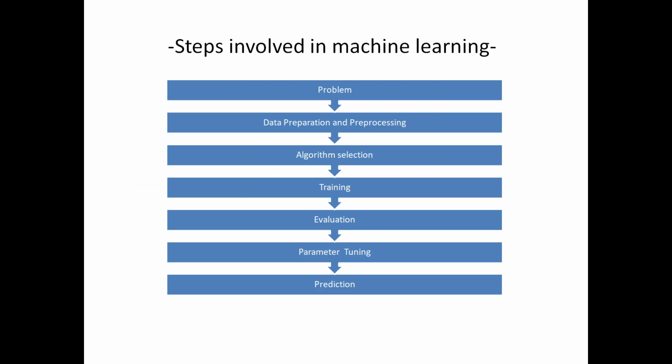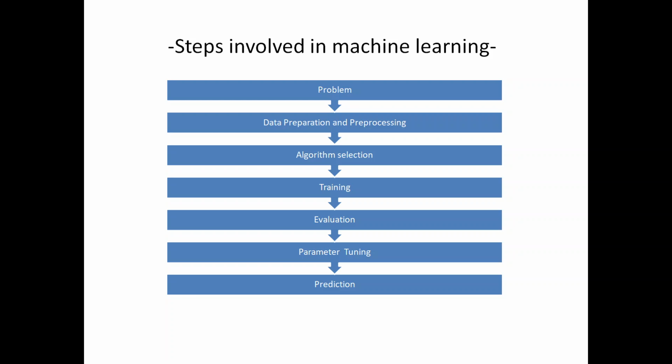So these are the steps involved in machine learning. First step is the problem: what the problem is, what we are going to solve. Like in the previous example, our problem was to classify whether the image is of a cat or a dog.